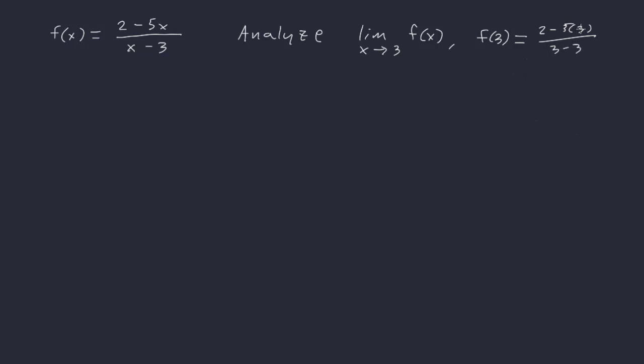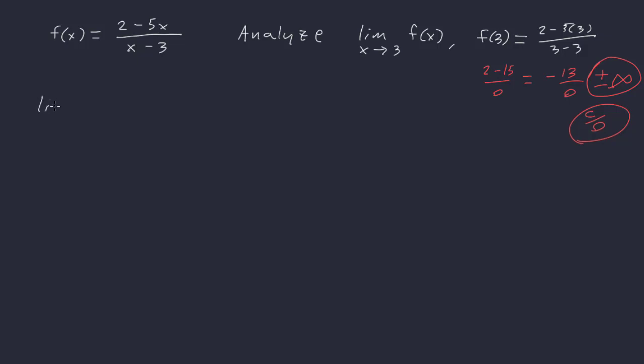So this ends up being a constant over 0 case. So this is 2 minus 15 over 0, so that is going to be negative 13 over 0. This is a plus or minus infinity case, right? A constant over 0.